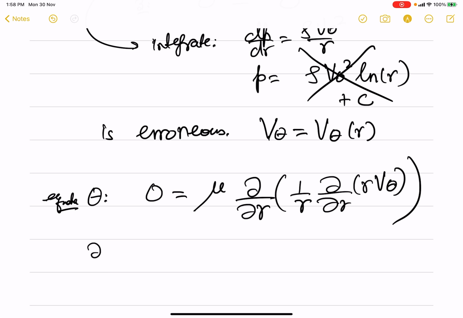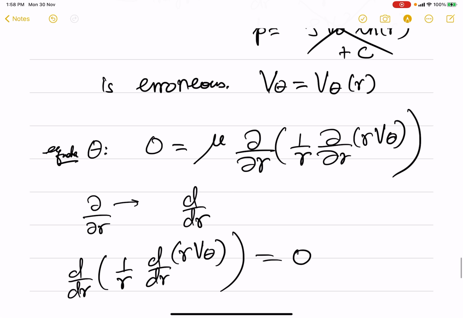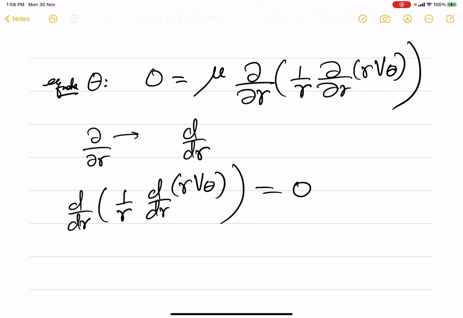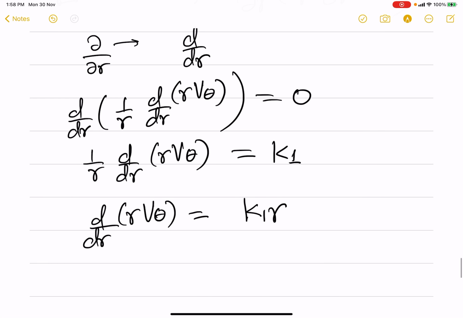The partials can be converted to total derivatives, and therefore we get d by dr of 1 over r d by dr of r v theta is equal to 0. So we get 1 over r d by dr of r v theta is equal to k1. From here we get d by dr of r v theta is equal to k1 times r.